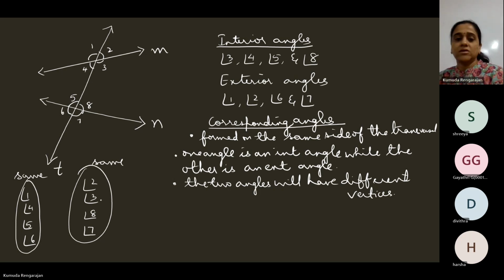Now, corresponding angles are formed on the same side of the transversal. Then one should be an interior angle, the other an exterior angle, and they should have different vertices.